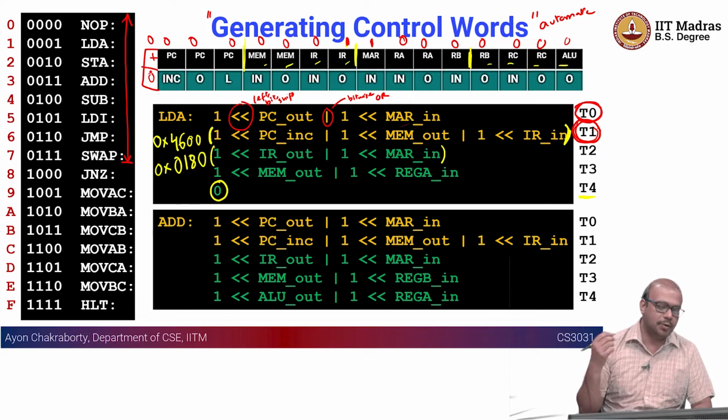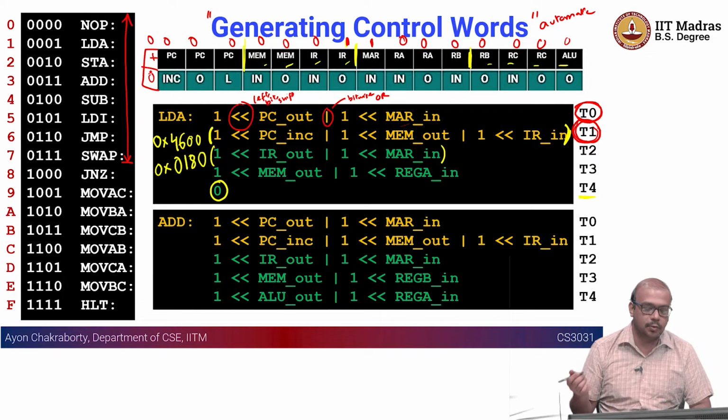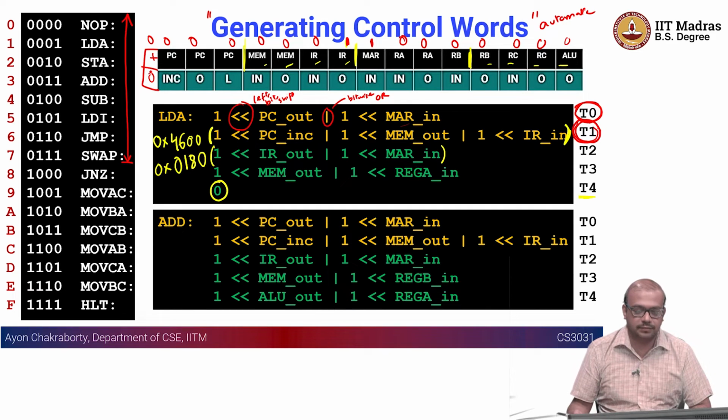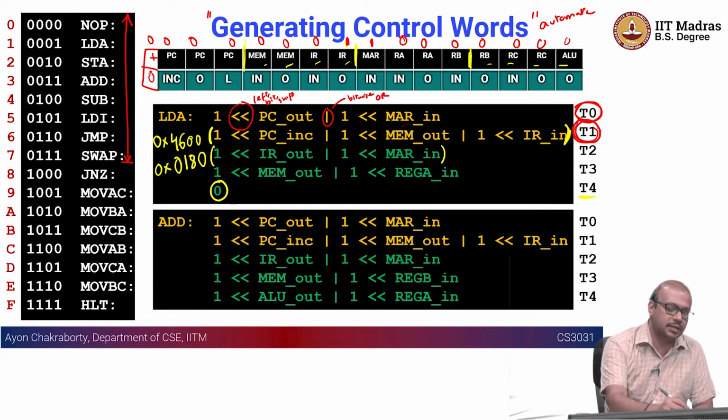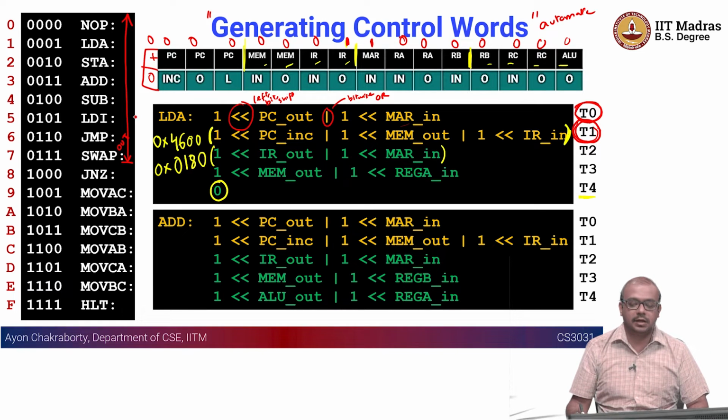So NOP, LDA, STA are the load and store instructions, from the memory to the accumulator, or from the accumulator to the memory. Addition and subtraction are also memory operations. LDI is a load immediate, then jump, and instead of swap, what we used in our actual implementation was OUT, where the content of register A was transferred to register C and displayed on some 7 segment LEDs.